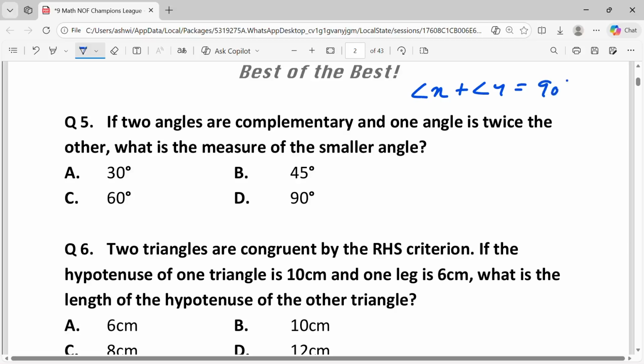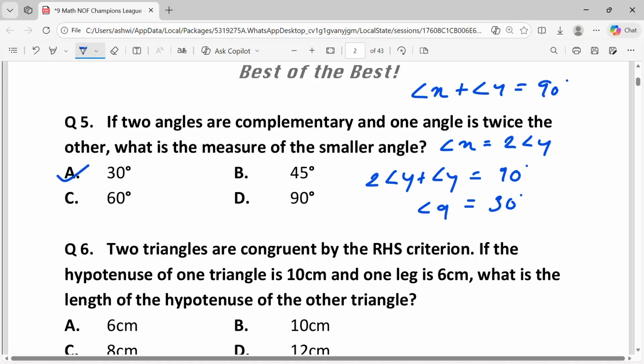One angle is twice the other, so angle X is equal to 2 angle Y. That is 2 angle Y plus angle Y is equal to 90 degrees. So angle Y is equal to 30 degrees. So the answer is A, 30 degrees.